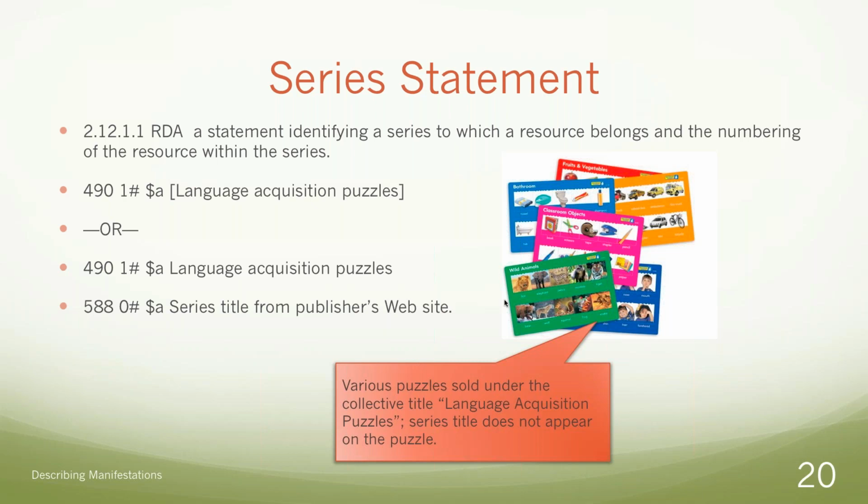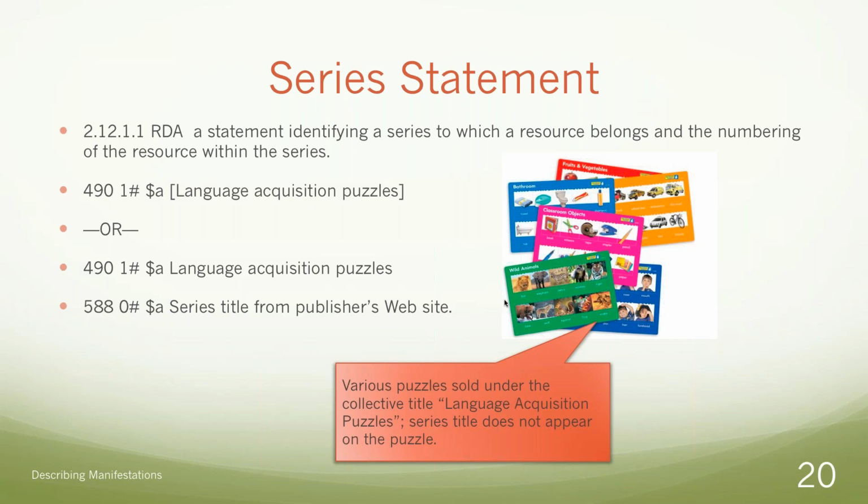So give the series title Language Acquisition Puzzles without square brackets, and then just give a source of that particular series statement. So that follows the instructions that are given. Either tell us where you got it or mark it in some way, which would be the square brackets.